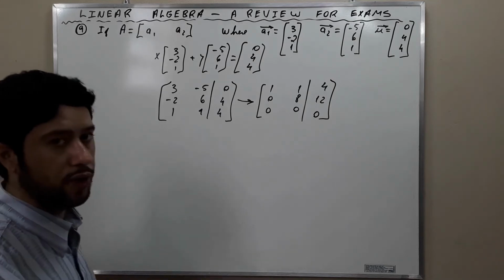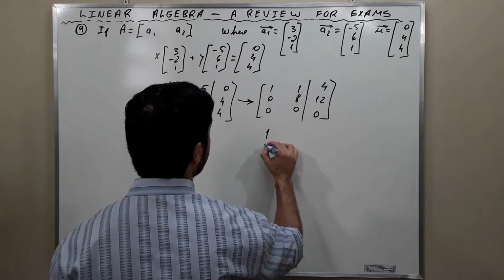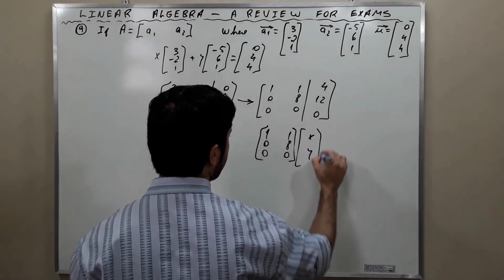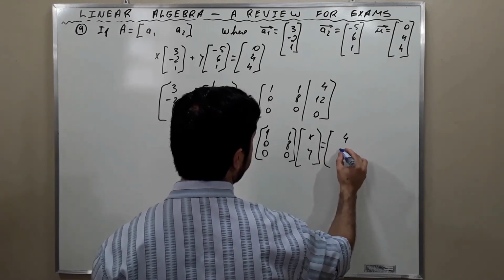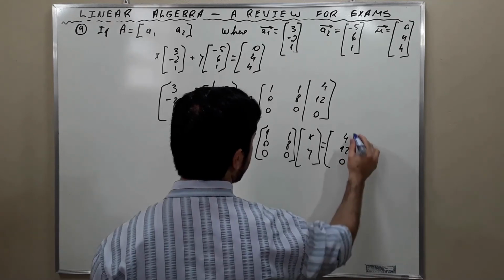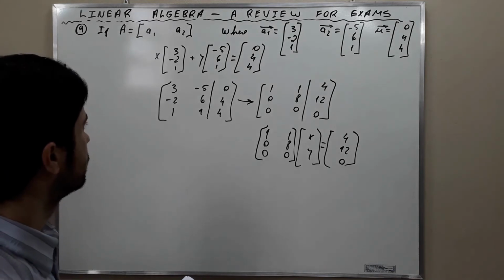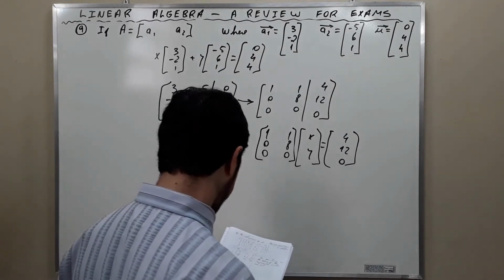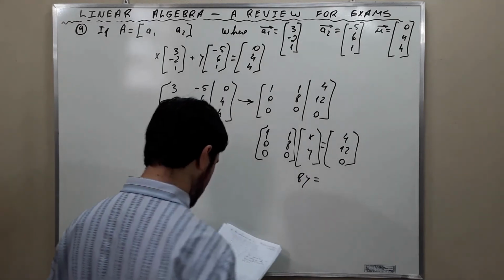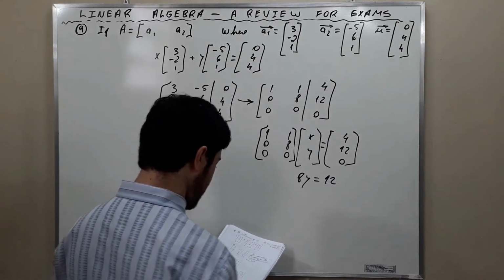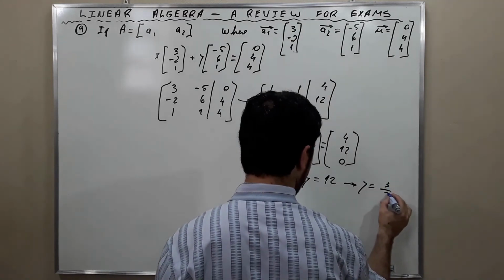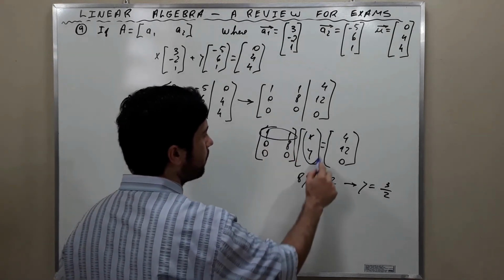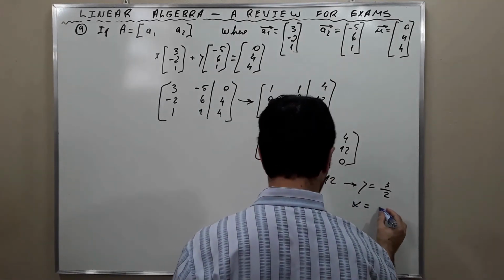Here, we can rewrite this in this way here. And we find that 8y is equal to 12, which means that y is equal to 3/2. And by inspecting this product here, we find that x is equal to 5/2.